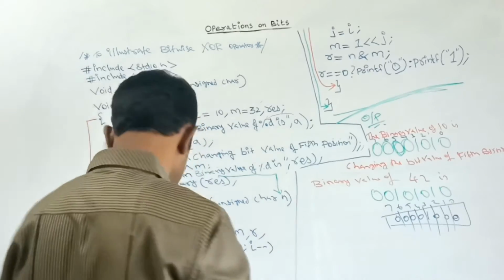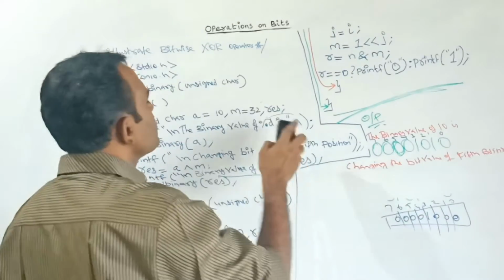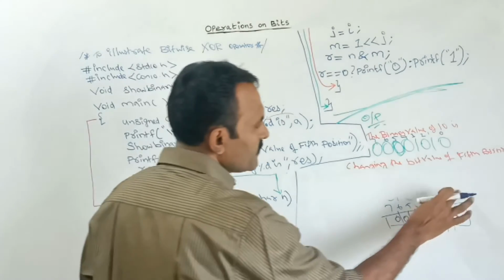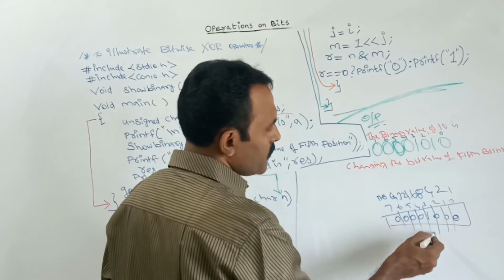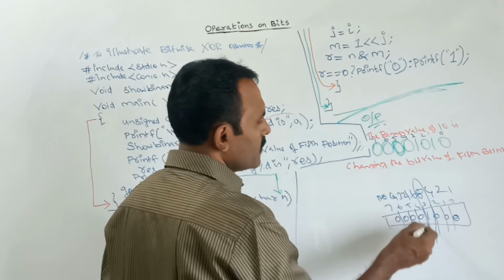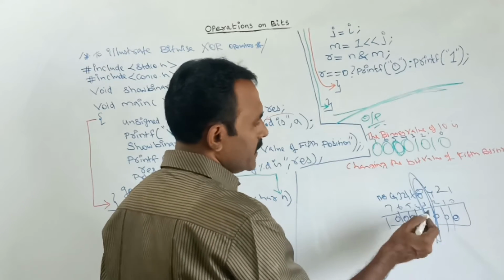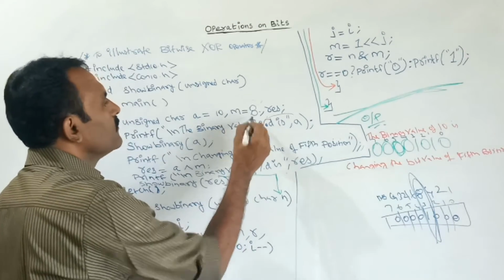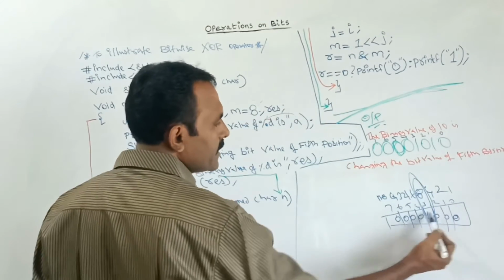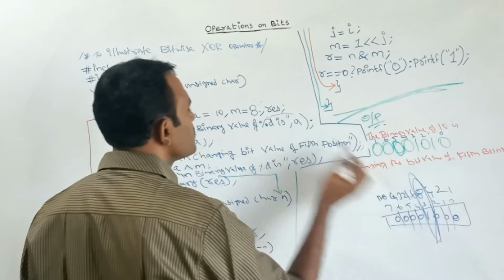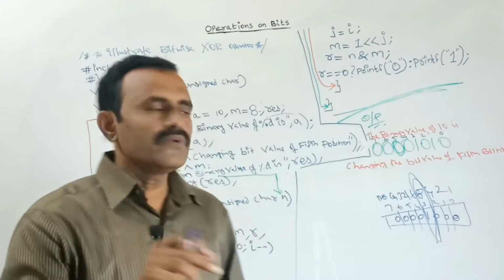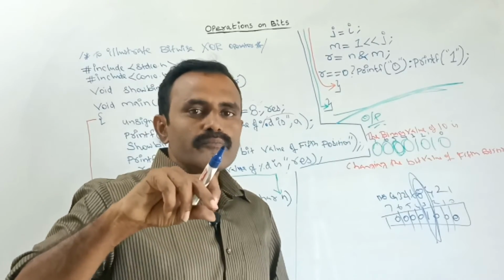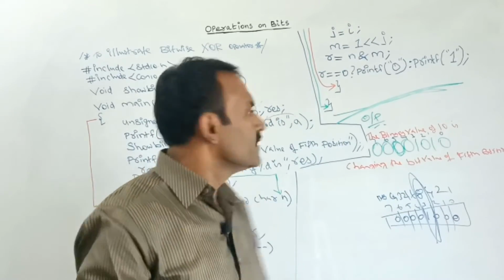So here, change this. What is the mask value? Here the decimal value for this mask value, at the 3rd position, is 1. So 1 into 8, 8. So this mask value is here 8. If you convert this binary into decimal, the answer is 8. So if you are giving mask value 8, it is used to change the bit value of position 3.